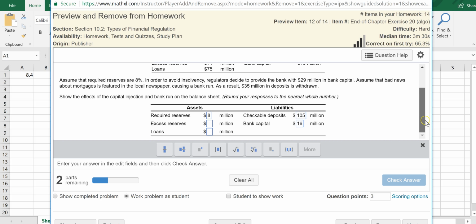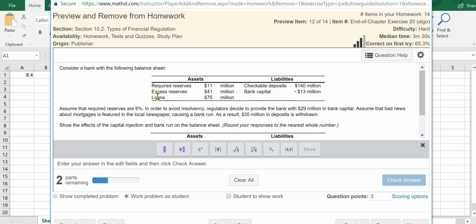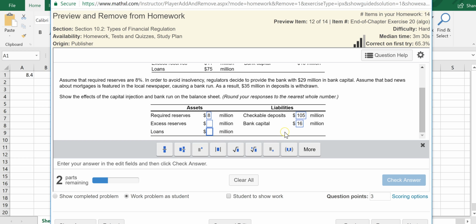I think for the other amounts, the loans will not change because the setup doesn't mention anything about the loans. So loans will be the same, 75. And what about excess reserves? So this amount, excess reserves, will change in order to balance this balance sheet.